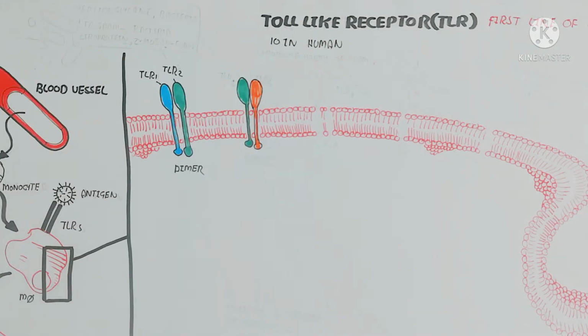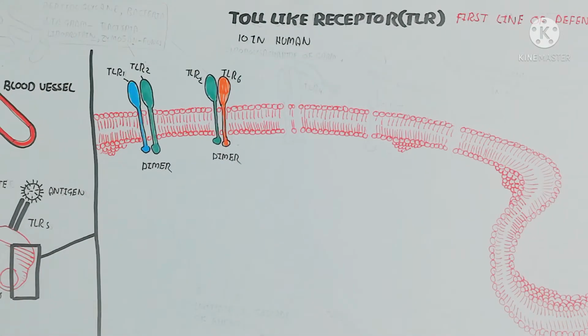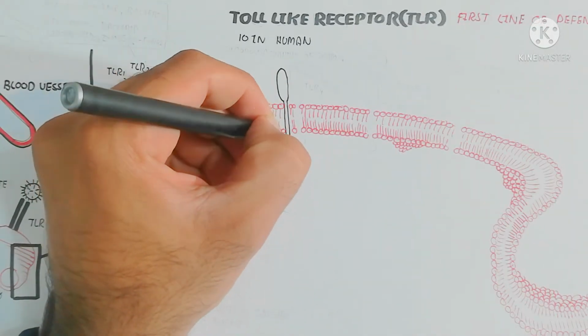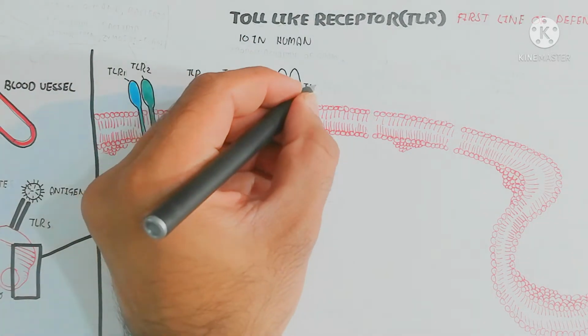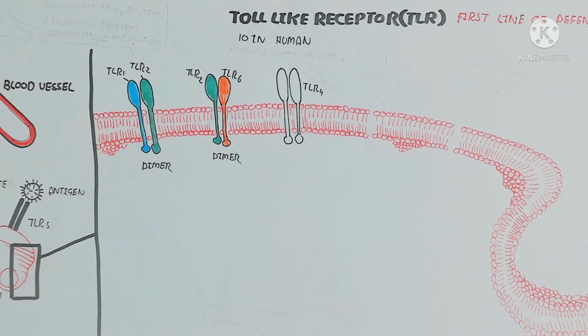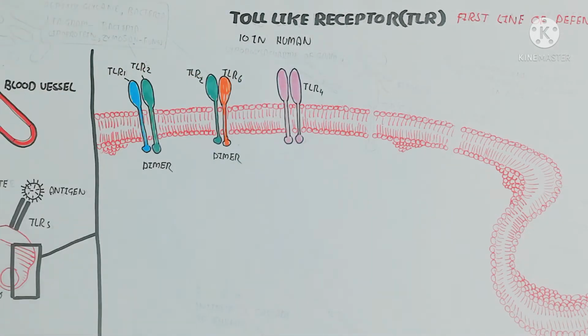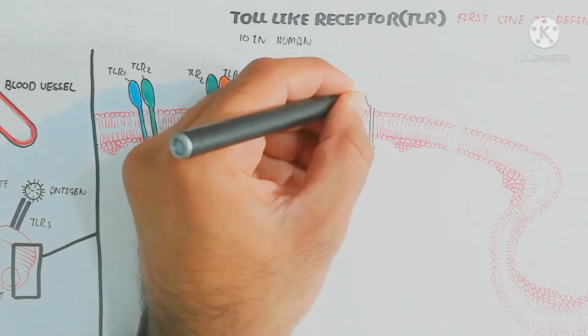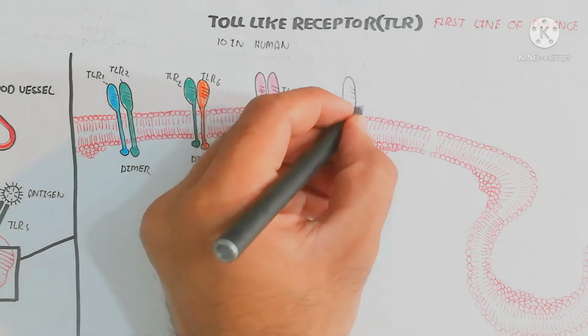Another is Toll-like receptor 2 and Toll-like receptor 6, which is also a dimer. There are 10 in humans, but the 11th is present in mice. We will not discuss that. The 11th is not functional in the human body.